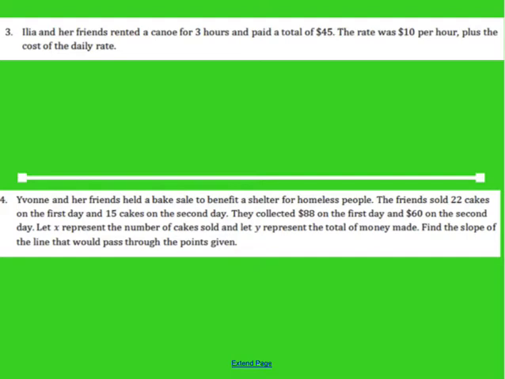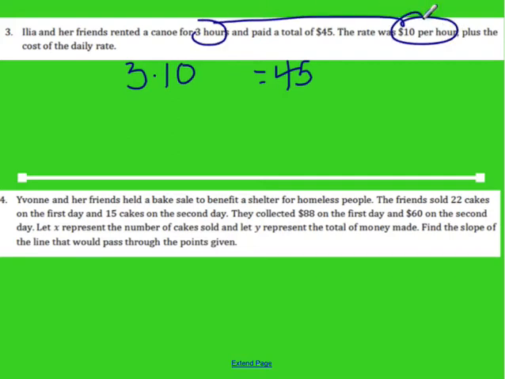So for their day, they paid $45. That's going to be equal to 3 hours times $10 per hour. We're multiplying these by how much we pay, because if you think about it, we went 3 hours, and for each hour we go, we're going to pay $10. That's where the 3 times 10 comes from.